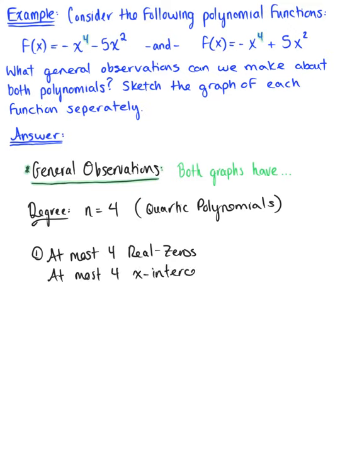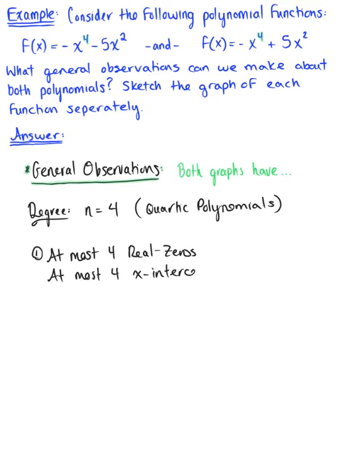Now keep in mind, this is not the exact number of real zeros. This is the maximum possible number of zeros that both of these graphs can have. So there could also be 3 x-intercepts, or 2 x-intercepts, or 1 x-intercept. We won't know till we sketch each graph.